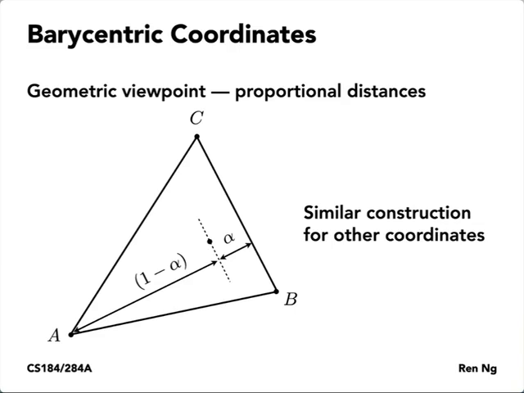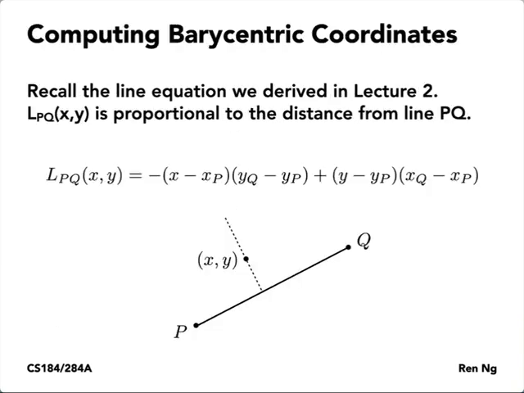All right. So how do we calculate alpha exactly? Recall in lecture 2, we derived this line equation. We called it L of xy when we're given 2 points. In that case, it was P0 and P1 that I derived it for. Let's just call it PQ in this case. So let's refresh our memory that the line equation LPQ for given 2 coordinates xy has a particular form. I just rewrote it here.